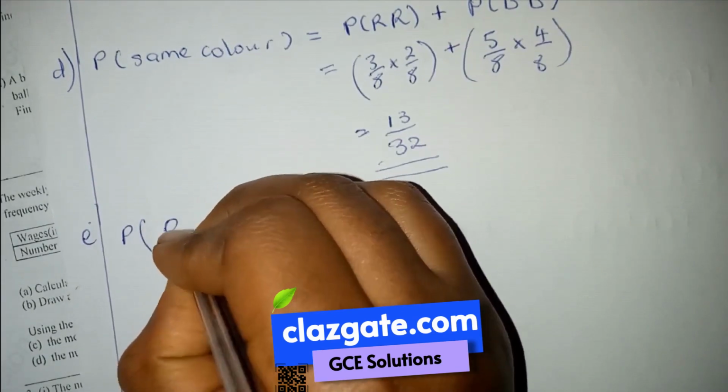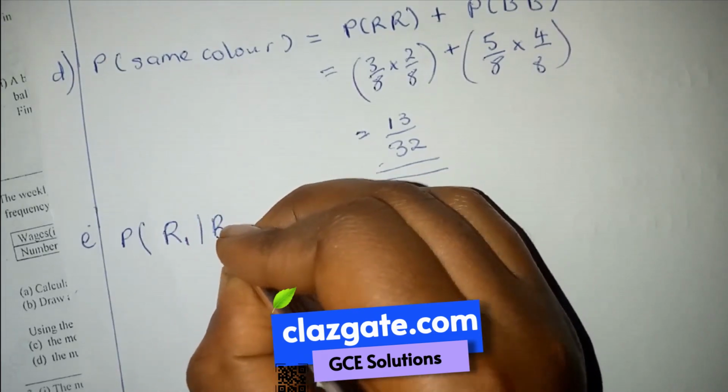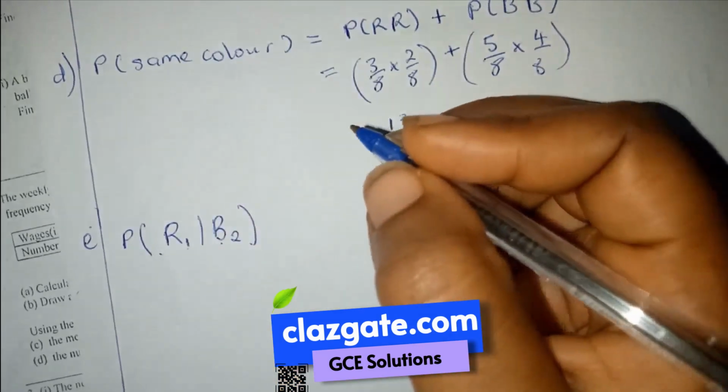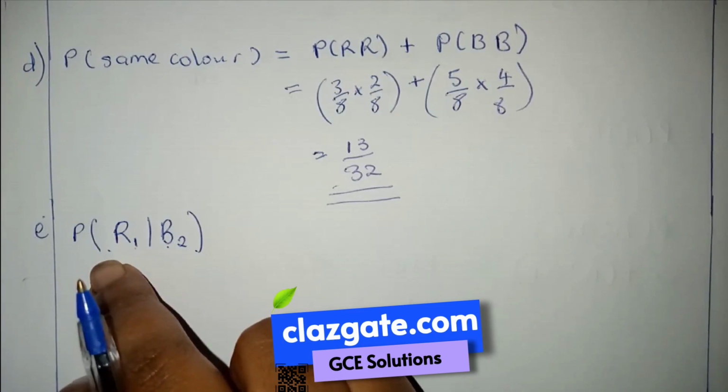That's the probability that blue comes after red. The first ball is red, given that the second ball is blue.